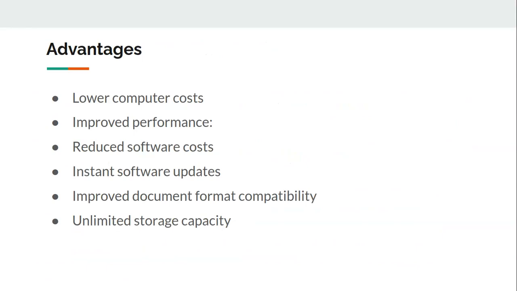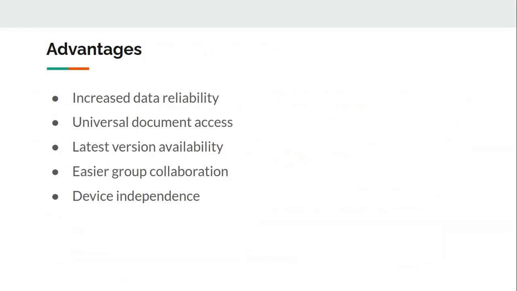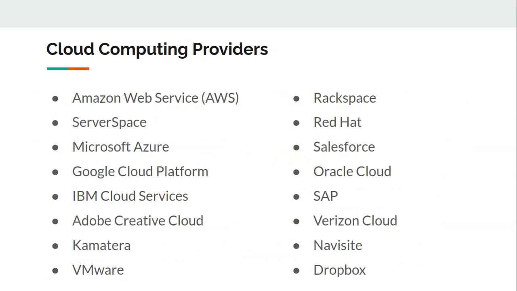So these are the advantages and disadvantages of cloud. We have some cloud computing providers. We have Amazon Web Services as the top in the market, AWS. We have Server Space, Microsoft Azure, Google Cloud Platform, IBM Cloud Services, Adobe Creative Cloud, Kamatera, VMware, Rackspace, Red Hat, Salesforce, Oracle Cloud, SAP, Verizon Cloud, Navisite, Dropbox.